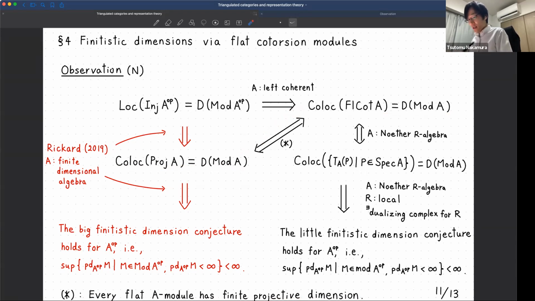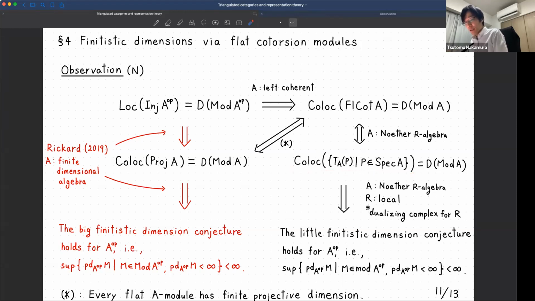And if we consider a Noetherian algebra, it suffices to treat only indecomposable ones. In fact, as long as A is left coherent, we can reduce this Coloc closure to the Coloc closure of indecomposable ones.